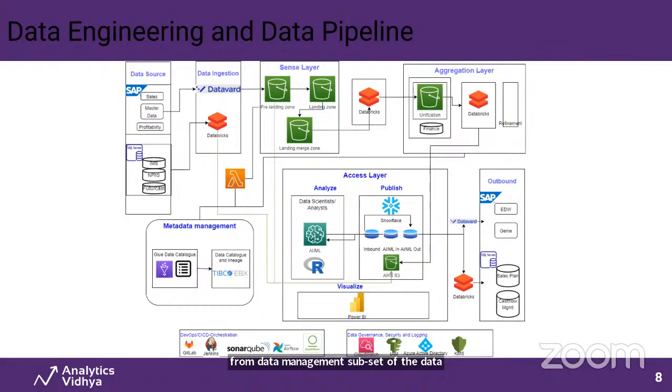So we can have a marketing data mart, sales data mart, or finance data mart. That is nothing but the logical division of the data based on the business focus or business insights that the data has.